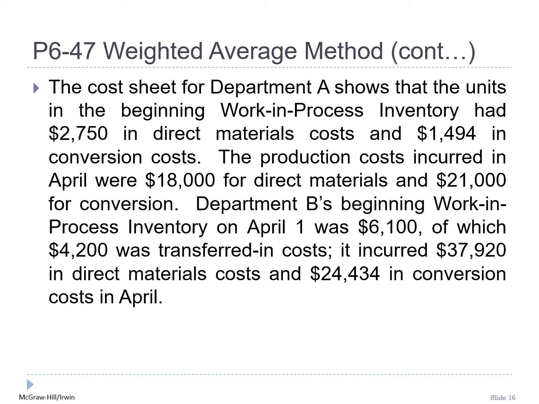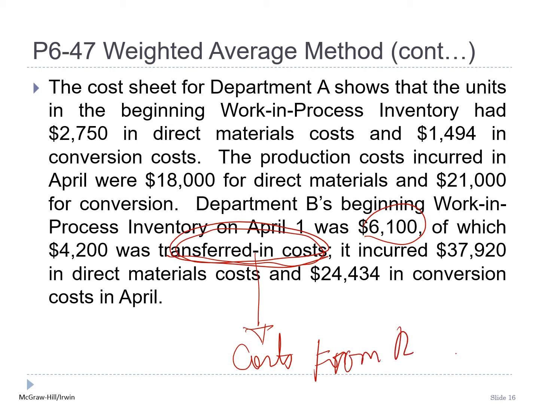Department B's beginning work in process inventory April 1 was 6,100, of which 4,200 was transferred in cost. So pag sinabing transferred in cost, ibig sabihin, cost from Department A. Kasi, di ba, yung units of inventory, pag 100% complete na sa Department A, ita-transfer yan sa Department B. Siyempre, pag transfer kay Department B, yung cost niya nakikarry forward dun sa next department.